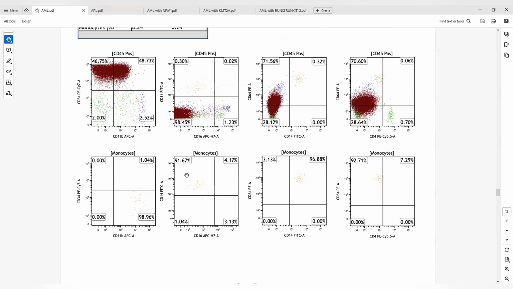CD14 is positive here and here as well. And they are CD64 positive because they are above this line. That's how we drew these lines, by comparing these cells to the normal monocytes that we have. Maybe for this line here, I'd probably draw the line higher, like here, because the monocytes end here, and anything below this line should be considered negative.